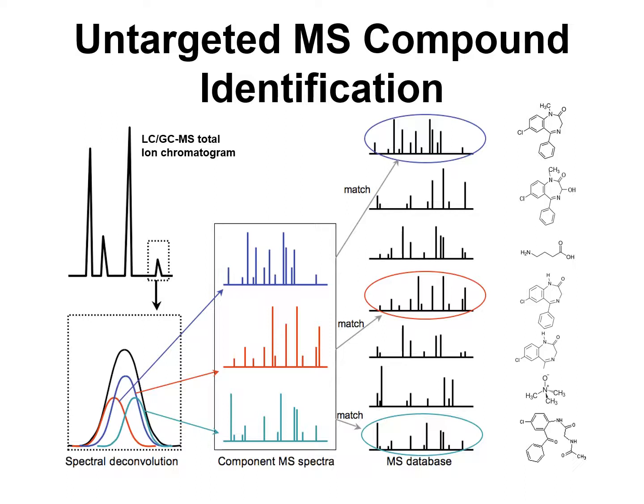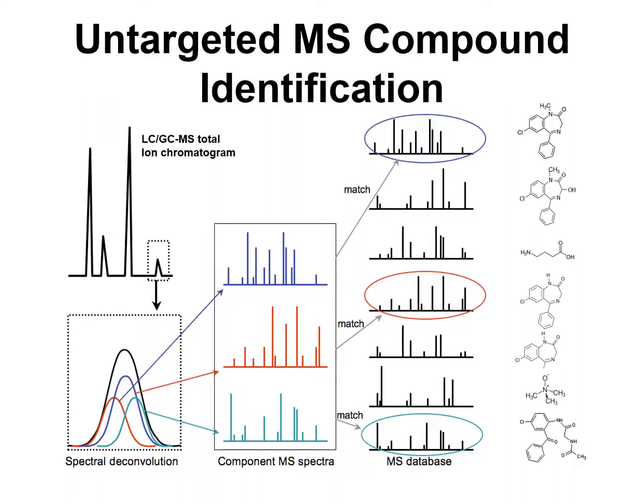Each of those unique and hopefully pure spectra can then be mapped to a database of MS-MS spectra. And by comparing the similarity of the MS-MS or EIMS spectra to this spectral database, it's possible to identify the specific compounds in the untargeted technique.